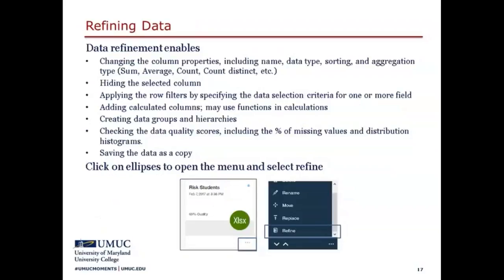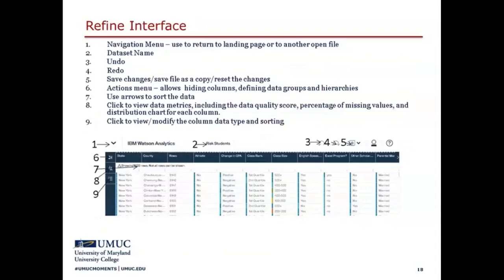Here, refining data basically means I'm going to add my variables, and I can add variables, I can remove variables, I can check my data quality scores, and more, right? Now, the next slide is basically showing me the summary of the refine interface. And yes, I forgot to show you, you have two buttons, undo and redo at the top.